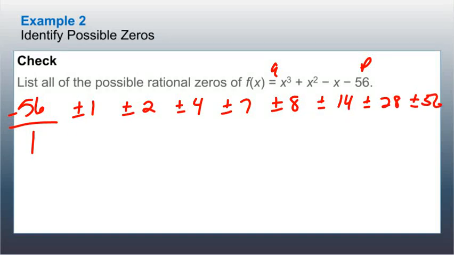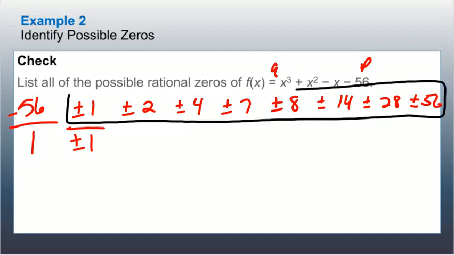And then this bottom one is just positive and negative 1. So that means our answers would just be everything in the numerator. So everything up here would be all of our possibilities. That is our lesson on the factor and rational zeros theorem.